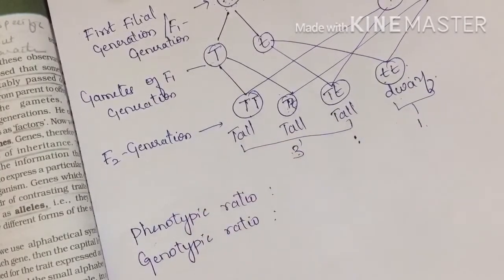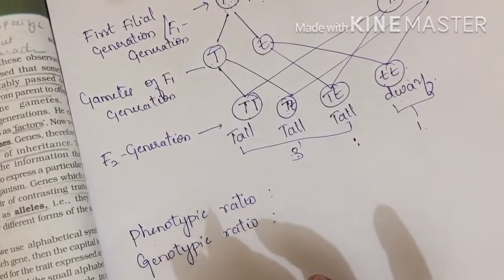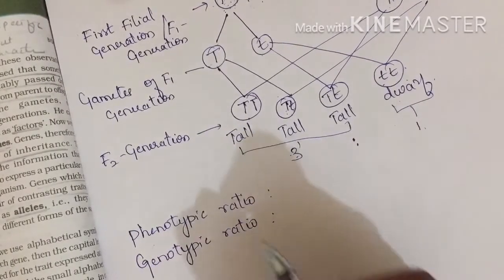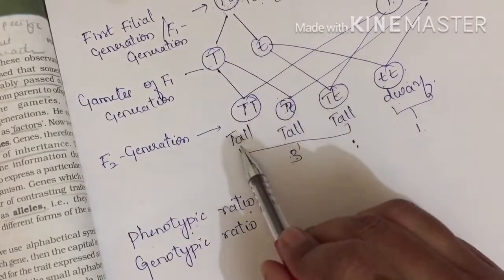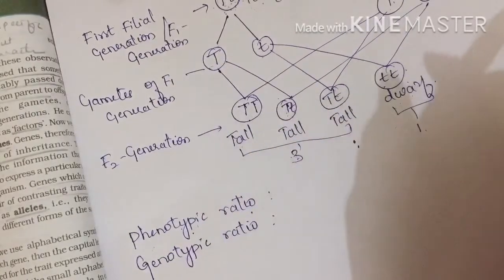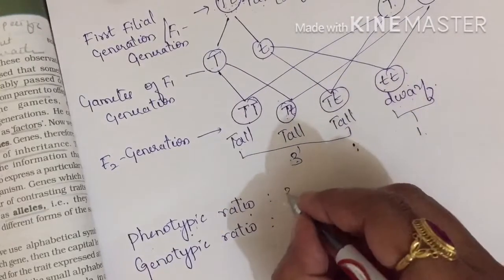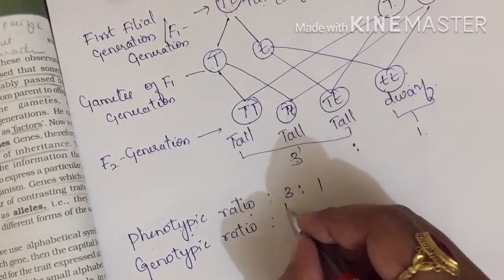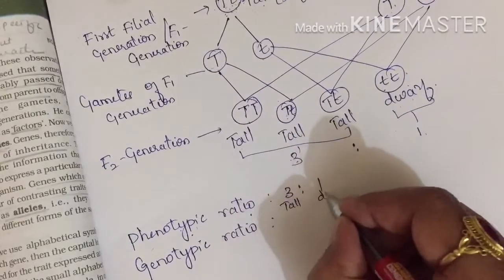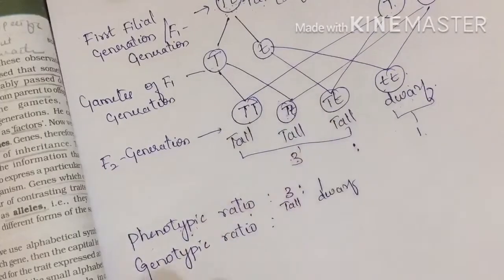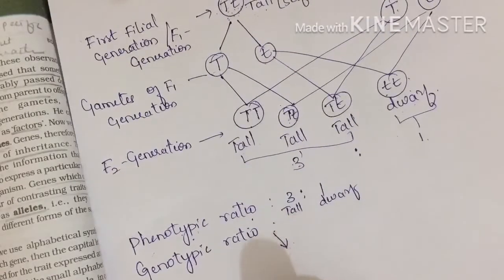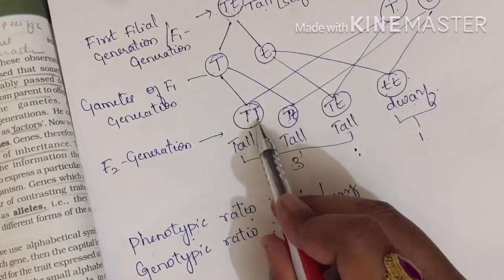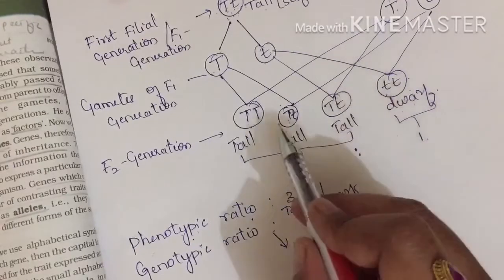These two ratios, phenotypic and genotypic, are very important, especially for inheritance of one gene. Phenotypic ratio is what? Phenotype, physical appearance. On seeing, 3 are tall and 1 is dwarf, right? So what will you write? 3:1. 3 are tall, 1 is dwarf. When we write the genotypic ratio, we are talking about genotype. How many capital T, capital T do you have in the F2 generation?